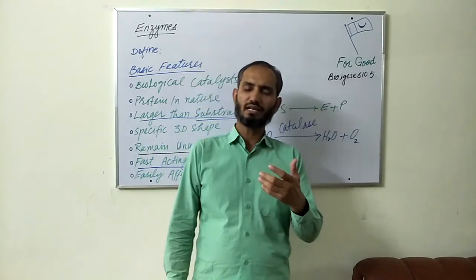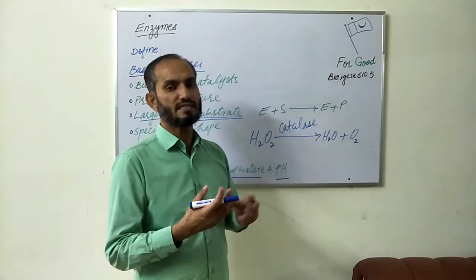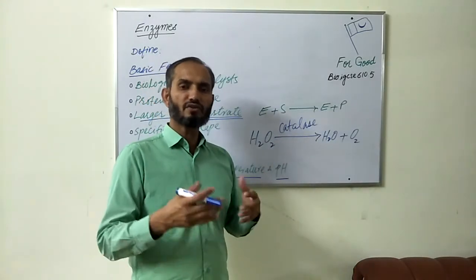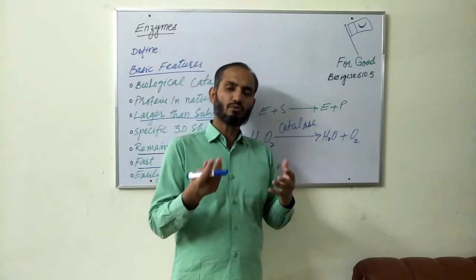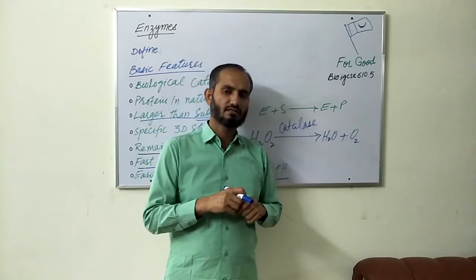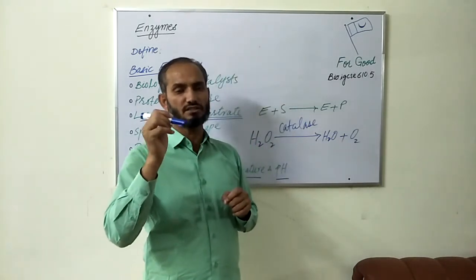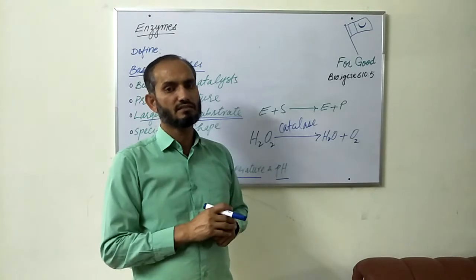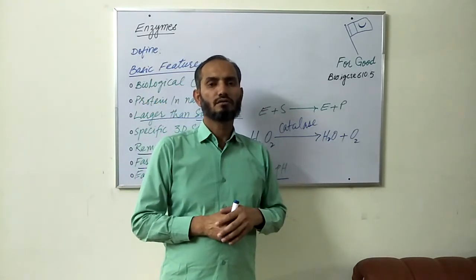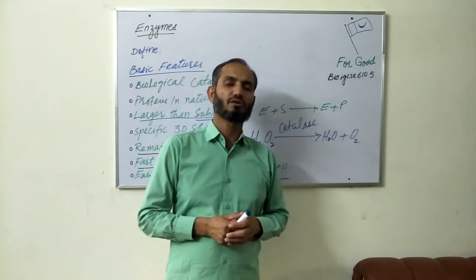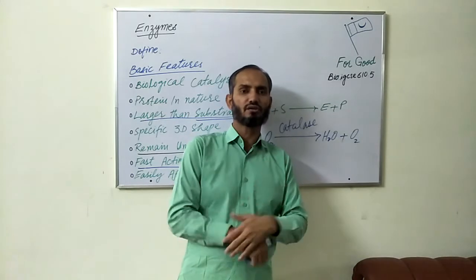Moreover, there are certain enzymes which are working only inside cells. They are called intracellular enzymes, such as respiratory enzymes. They are working inside the living cells. They are speeding up chemical reactions, but those chemical reactions which are occurring inside the cells, that is cellular respiration or oxidation of food. So these enzymes are called intracellular enzymes.